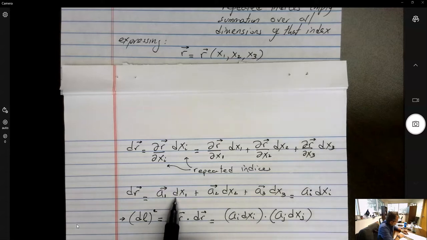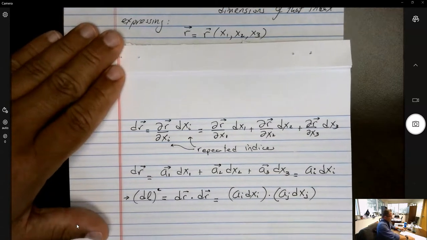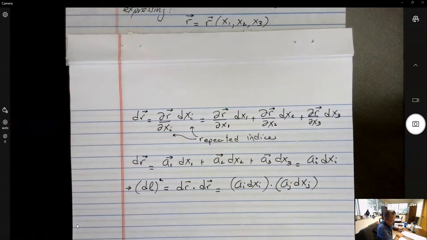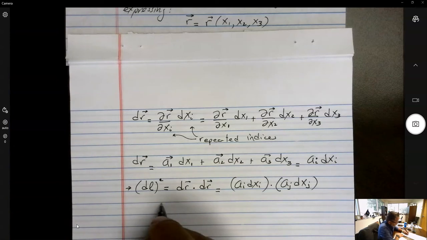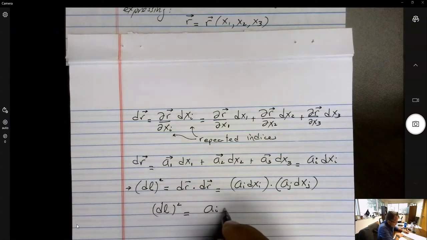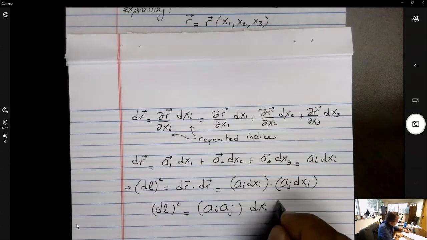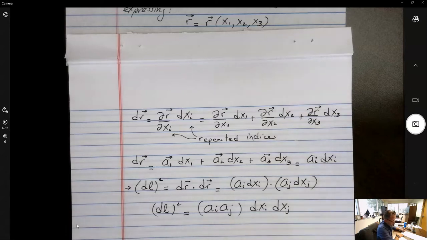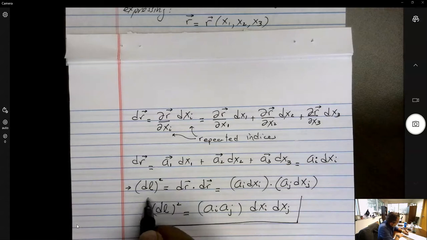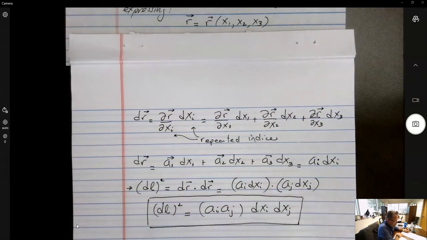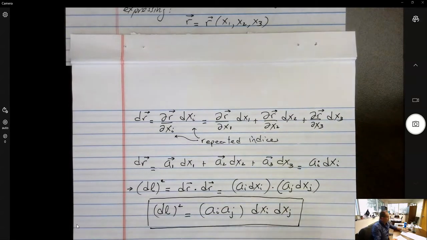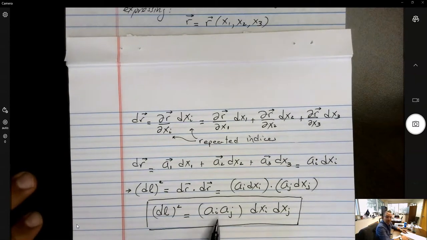So we're essentially multiplying this vector times itself, right? So dl squared is ai aj times dxi dxj. Right there. So all we did is switch things around, and that actually works out.